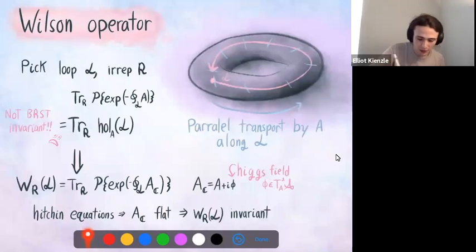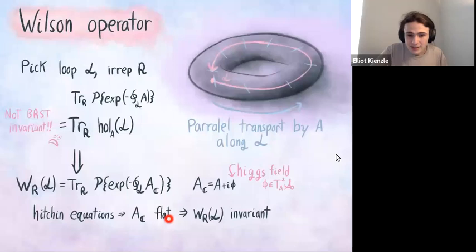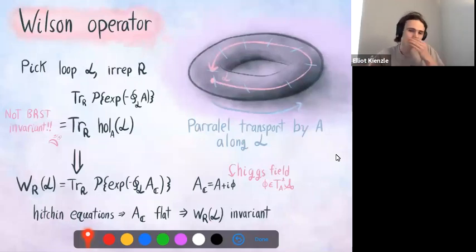And the invariant that you do get is a BRST invariant Wilson operator. And this is so nice because if you remember, one of the formulations of the Hitchin moduli space was as the space of flat complexified connections, which means that this Wilson operator is a very good invariant for that sort of thing.